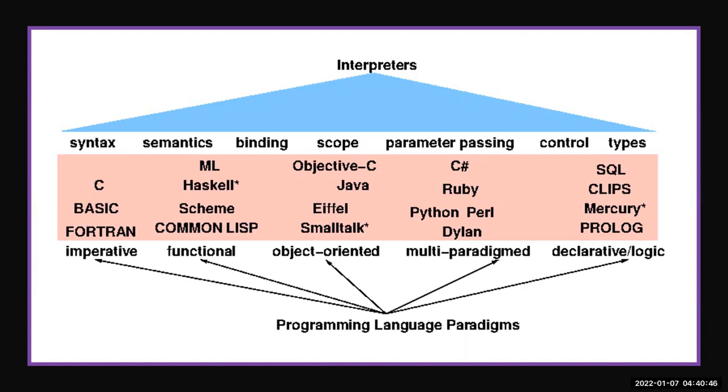These different paradigms differ in syntax, semantics, binding, scope, parameter passing, control, and type, and there would be some interpreter to support that kind of design. So here we introduce different programming paradigms and the languages that belong to them.